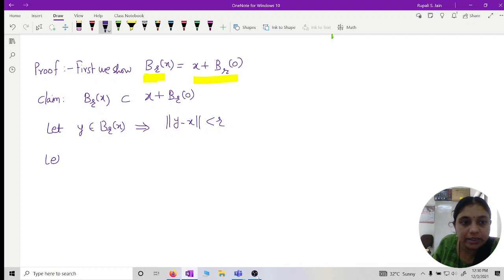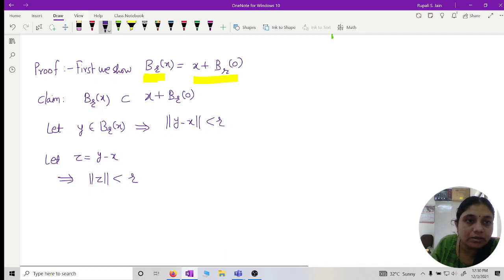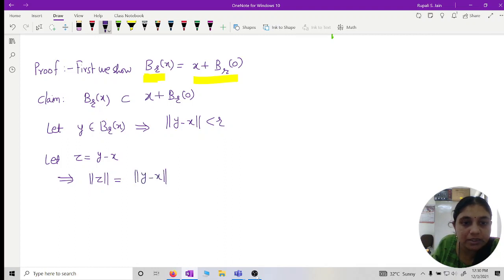So let z be equal to y minus x. What does this give? Norm of z is less than R. Norm of z is nothing but norm of y minus x, which is less than R.